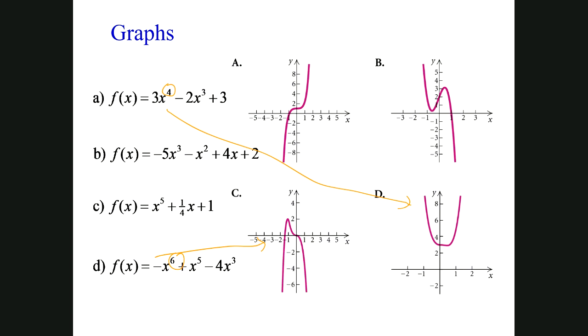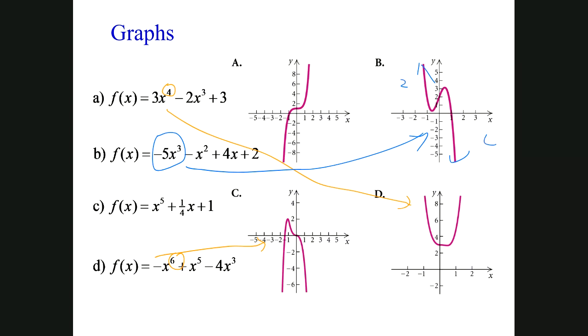And let's see what else. How does this one look? Match one of these graphs. Well, this one must match this one here, right? Because this is an odd power, so going to two different directions, one up, one down. And this coefficient is negative, so going to the 2nd and 4th quadrant.